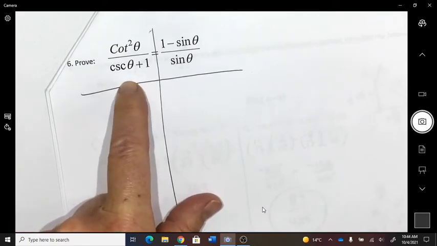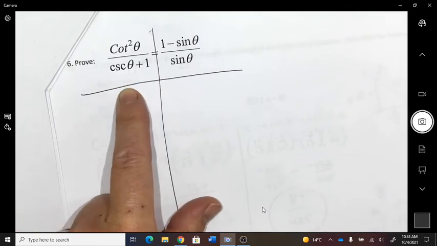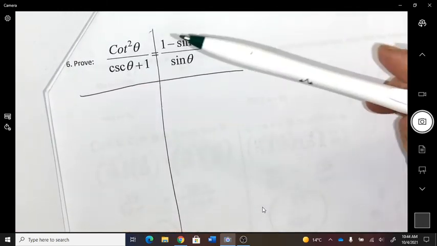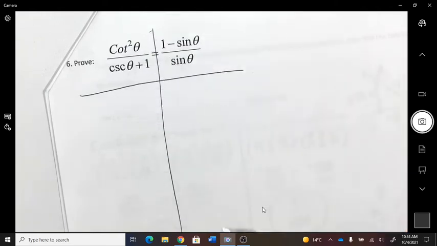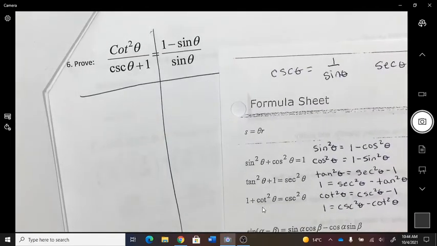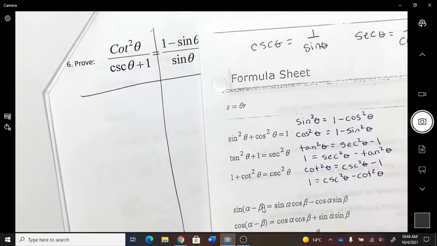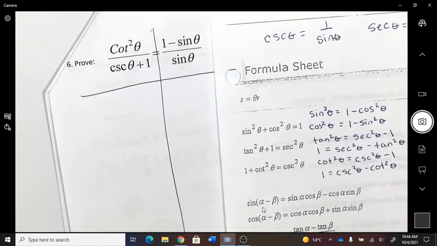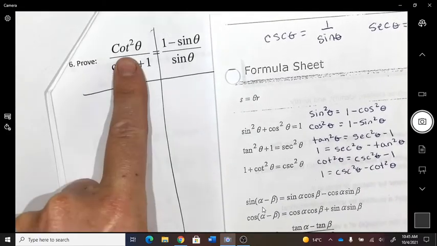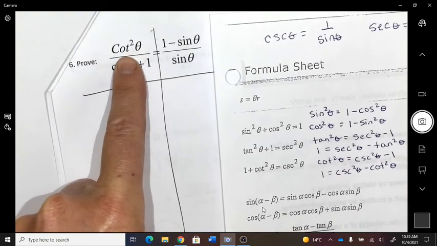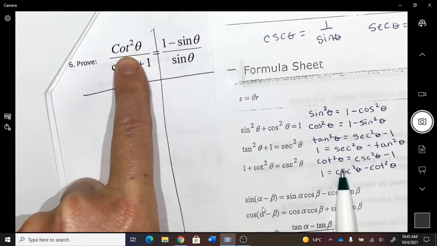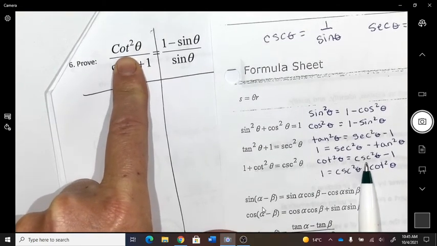Do you have any replacements? Usually when you have replacements, you're looking for the squareds. All these top formulas are dealing with squareds. Do you see anything? Cotangent squared, could you make a replacement? Did you find here? Cosecant squared minus 1.